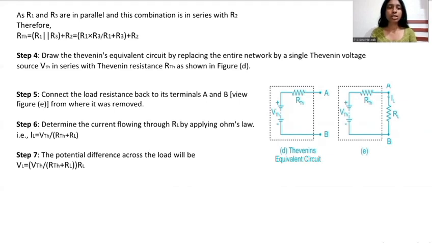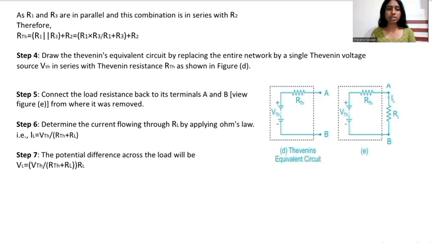In step 4, we draw the Thevenin's equivalent circuit by replacing the entire network by a single Thevenin voltage source VTH in series with Thevenin resistance RTH as shown in figure D. In step 5, we connect the load resistance back to its terminals A and B from where it was removed, as shown in figure E. In step 6, we determine the current flowing through RL by applying Ohm's law, that is IL equals VTH divided by RTH plus RL.